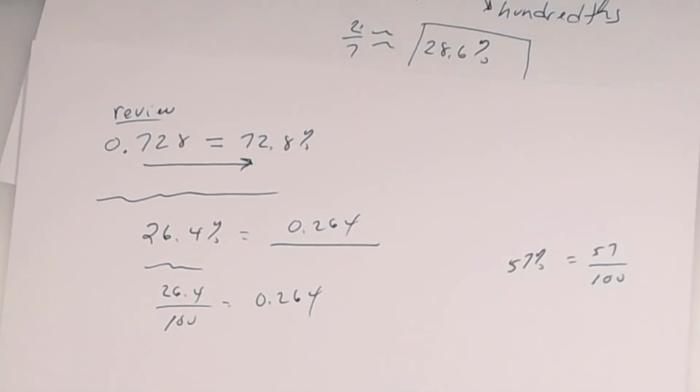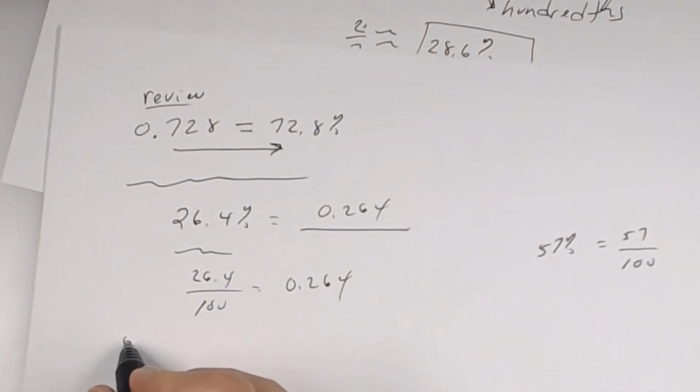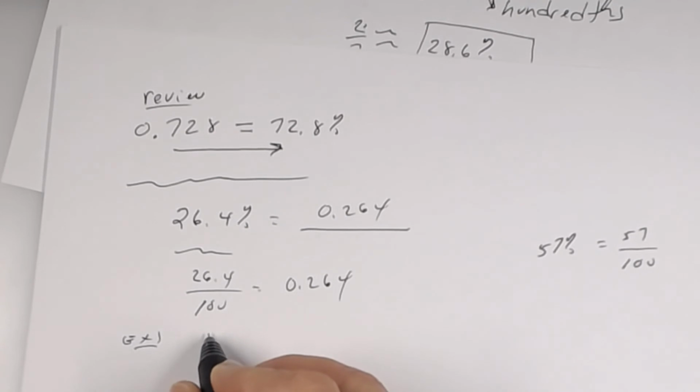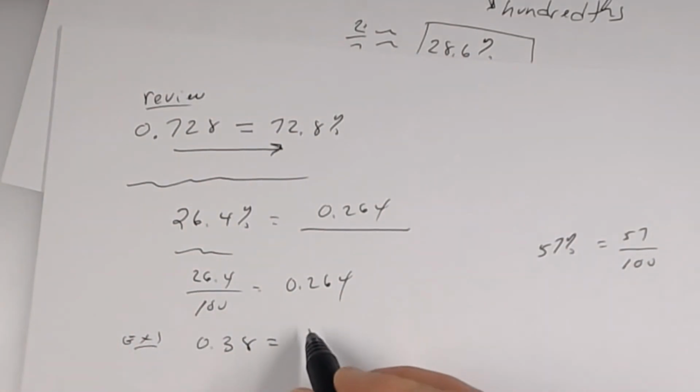All right, let's look at the example that's in the handout. So example 1, you want to express each of the following as a percent. So 0.38. So you want to write as a percent, so what's the answer? Now remember, be careful, this says write as a percent, so how do you write a decimal as a percent?